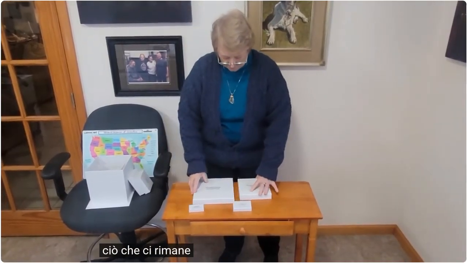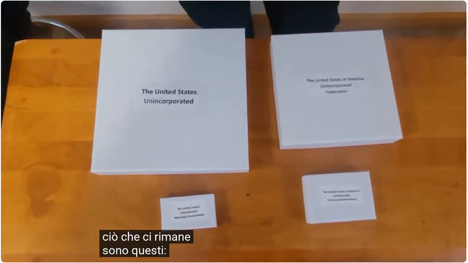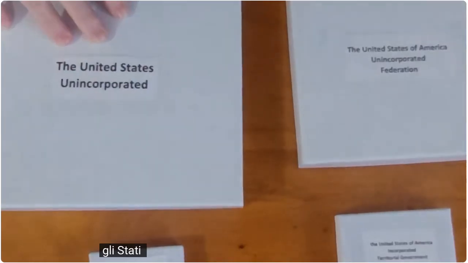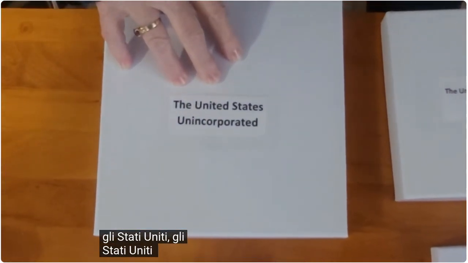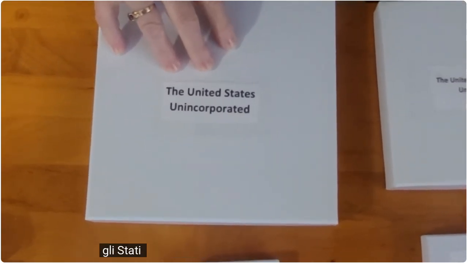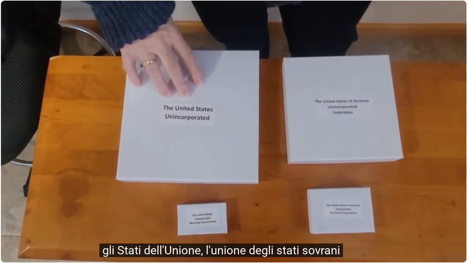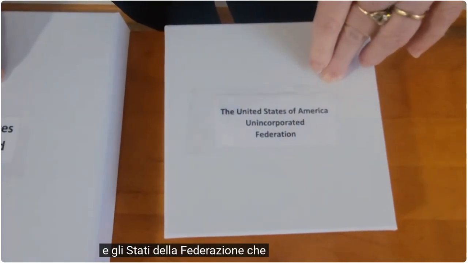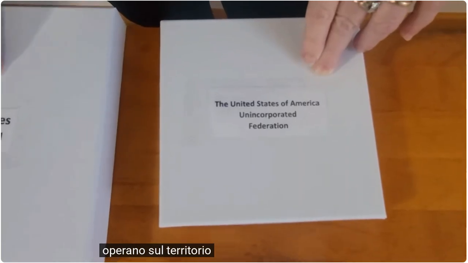What we're left with is this. The United States, the unincorporated United States, the Union States, the Union of Sovereign States, and the Federation States operating on the land.